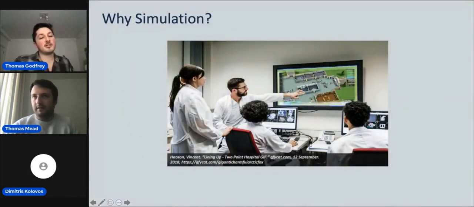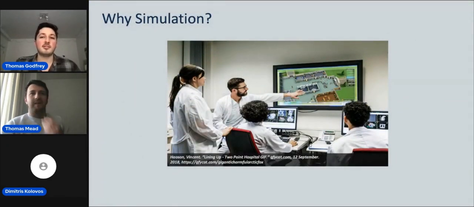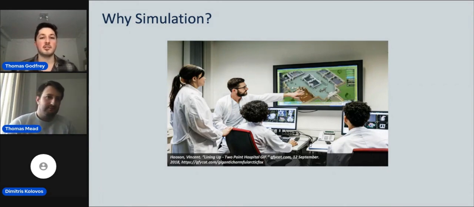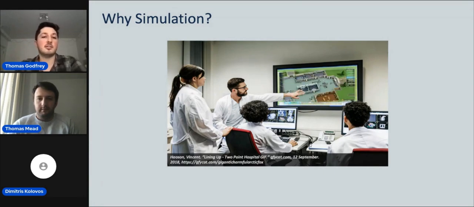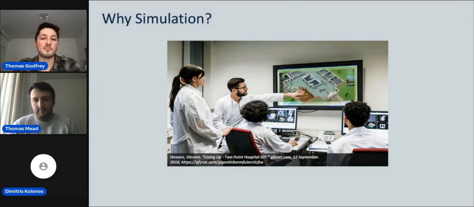So the idea of my project is to try and integrate agent-based simulation as a tool for decision-making in hospitals, specifically decision-making about infection control. We'd like to create a system whereby healthcare staff, such as senior clinicians and infection control staff, can use simulation to test some operational changes to their work and evaluate if that would be likely to succeed in the real world.